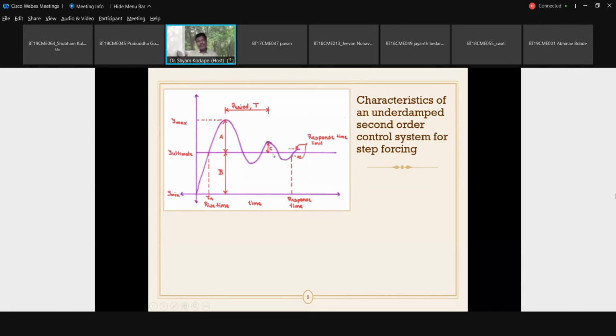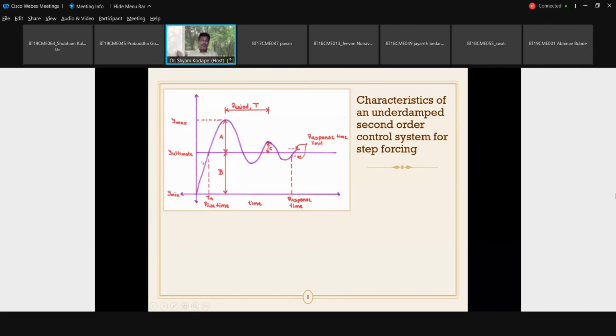See here. So this will be the nature of the response of the liquid which is facing the step change in the input, and it is an underdamped system. Okay. So, second order control system for step forcing function.